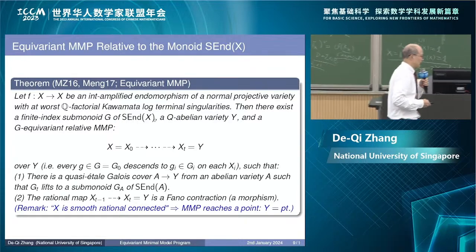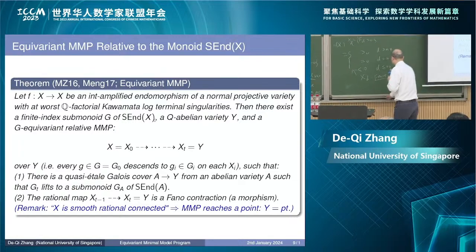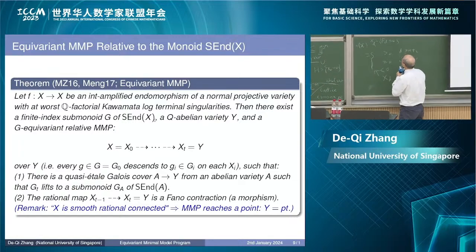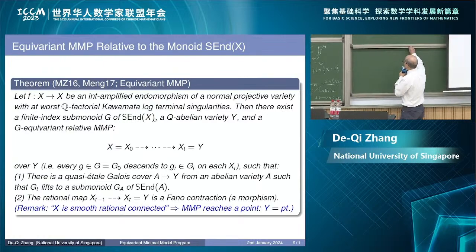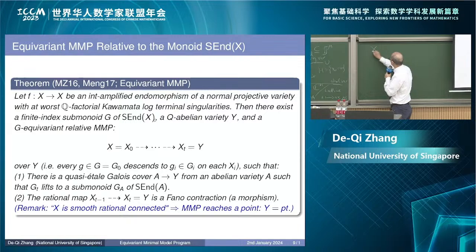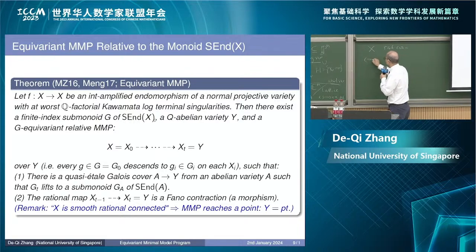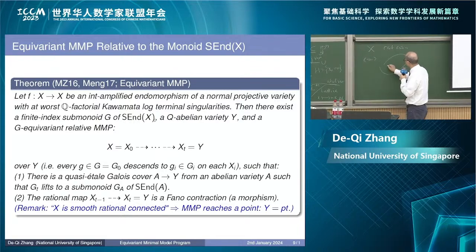Now rationally connected is a concept in algebraic geometry, also in the study of algebra. So you take X to be a variety, it is called rationally connected if you take any two points, it's connected by a rational curve.